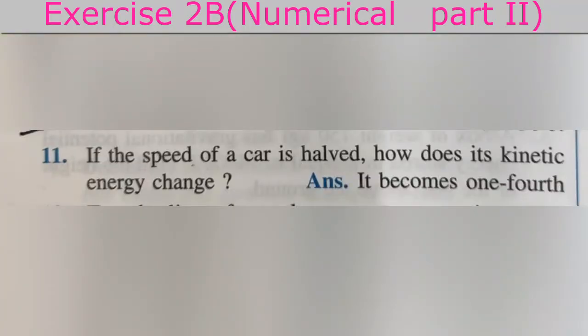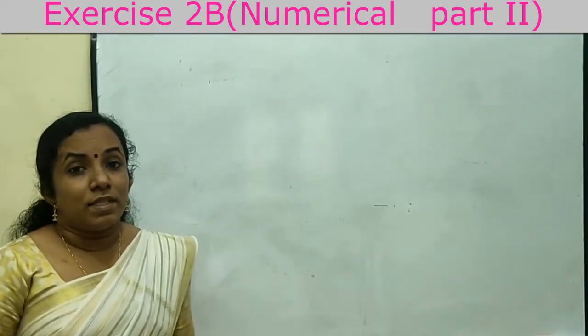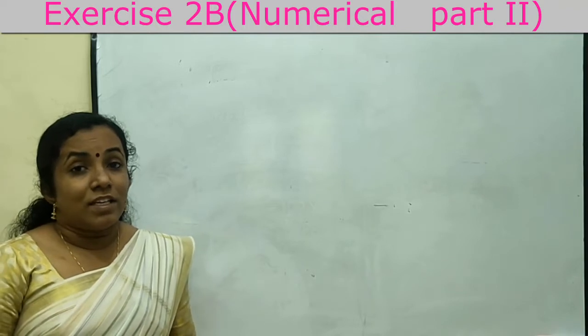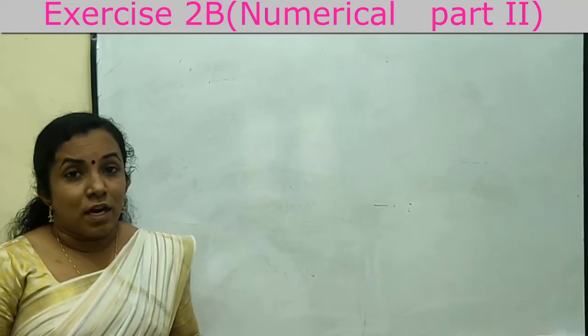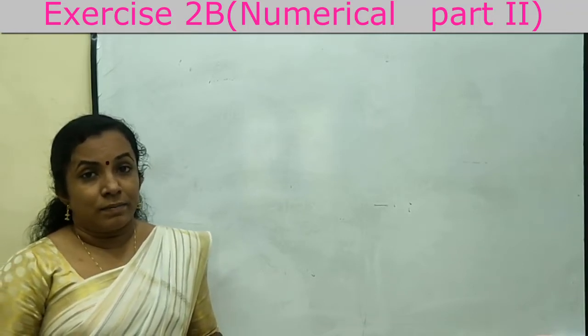If the speed of a car is halved, how does its kinetic energy change? Here, the speed of the car becomes halved, so that we want to find out the change in kinetic energy.